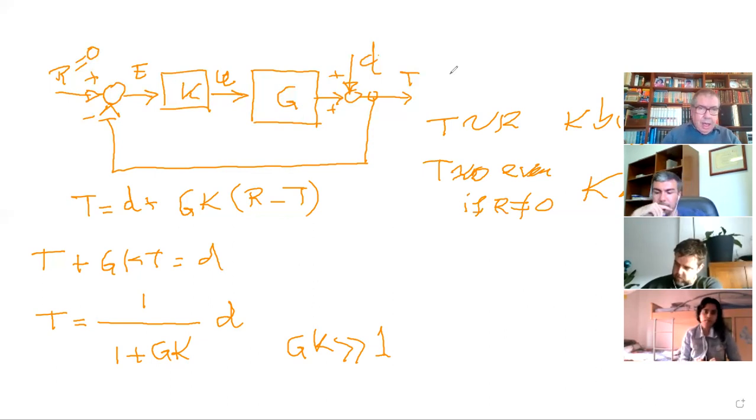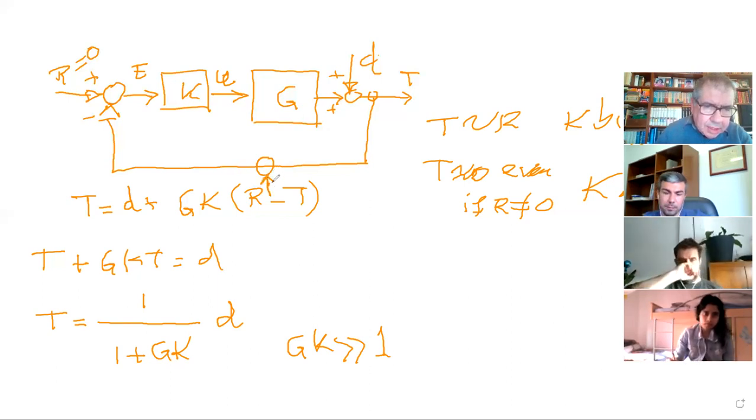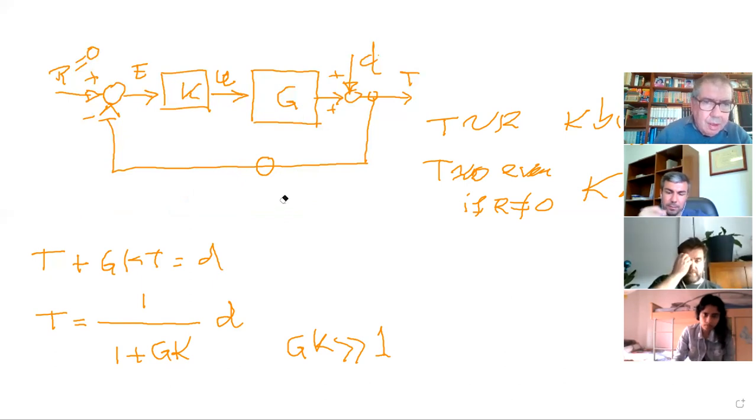Now, I wanted to think of something. And that is your homework. Suppose that you have a sensor. A sensor, you model it by noise. So you add here something which is N. And this is sensor noise.